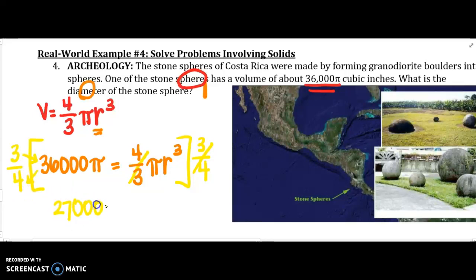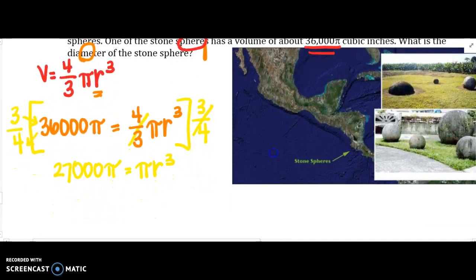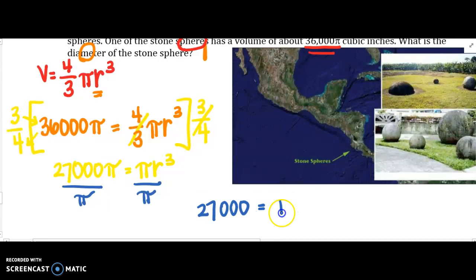Gives me 27,000 pi equals pi r cubed. Divide both sides by pi. Get rid of those pi, so that will be easy. So I have 27,000 equals r cubed. Now, you can cube root both sides, not square root, cube root.